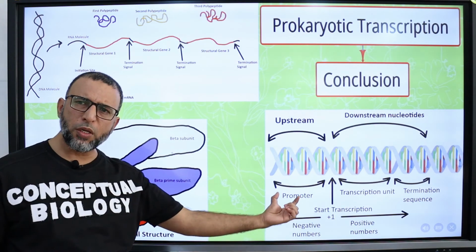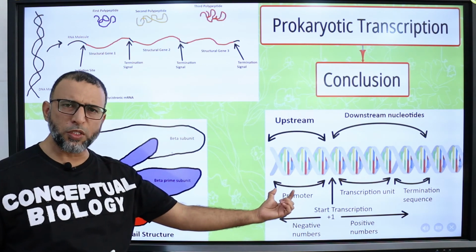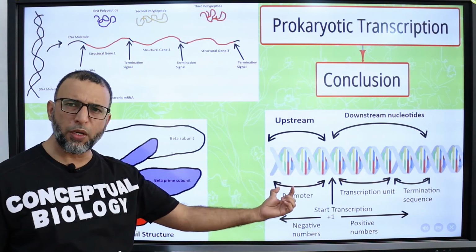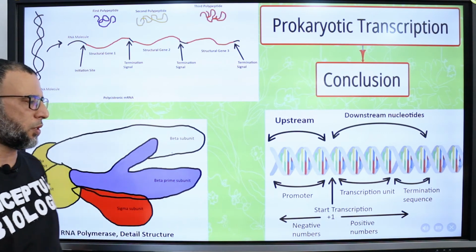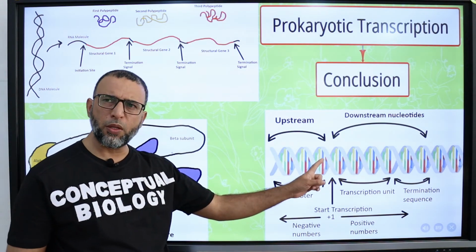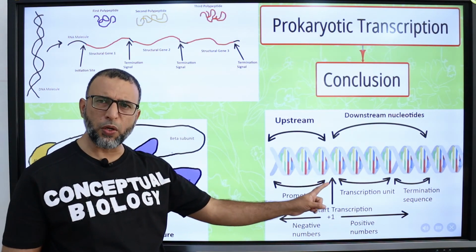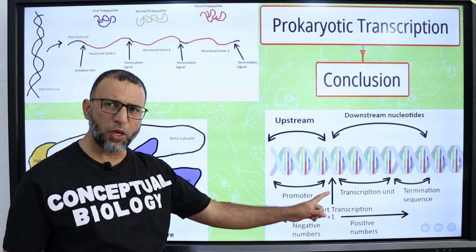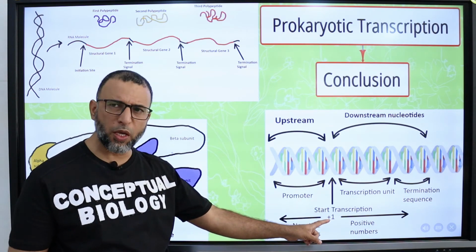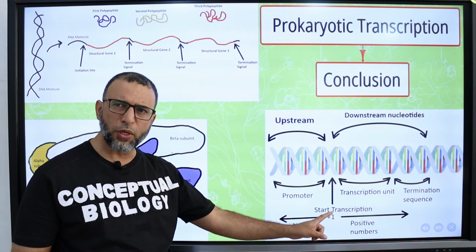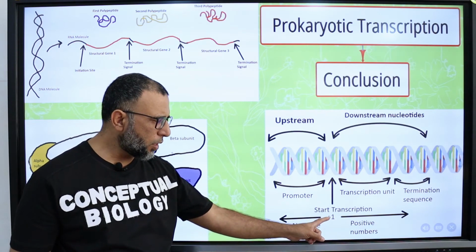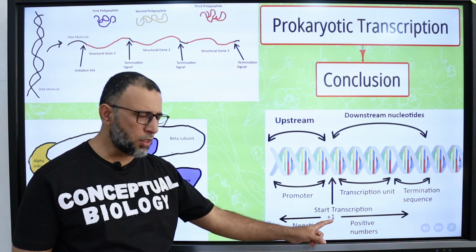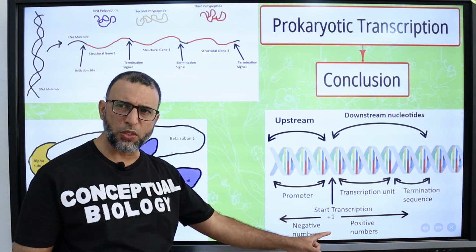A promoter is a DNA sequence where transcription machinery binds and initiates transcription. The nucleotide pair in the DNA double helix that corresponds to the site from which the first 5' mRNA nucleotide is transcribed is called the +1 site. It is also known as the initiation site.